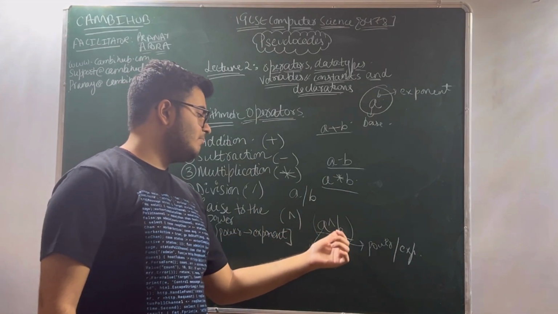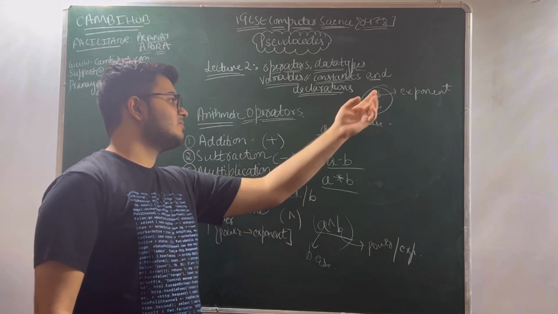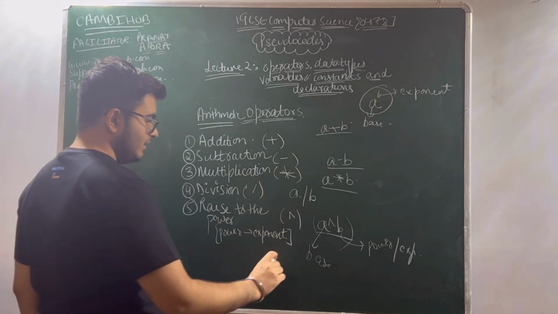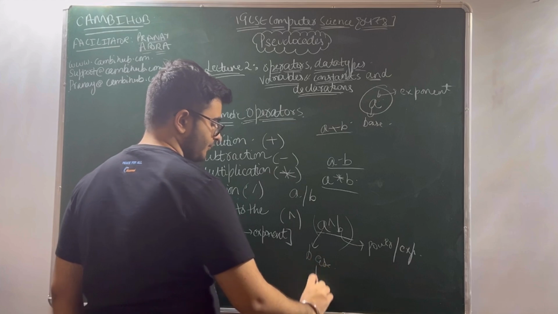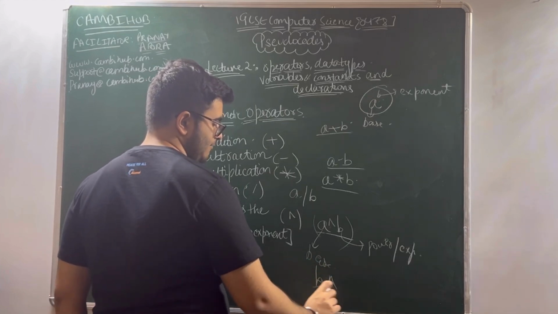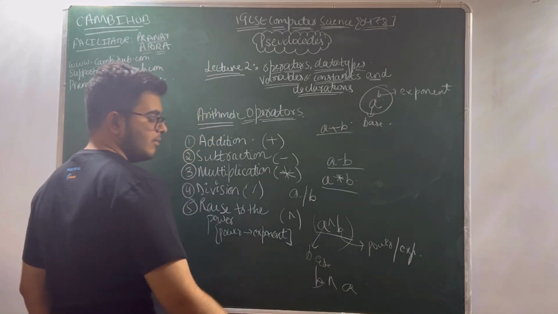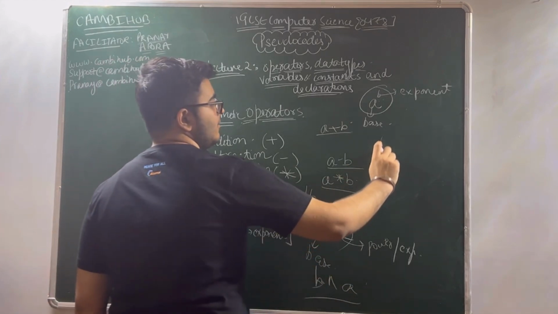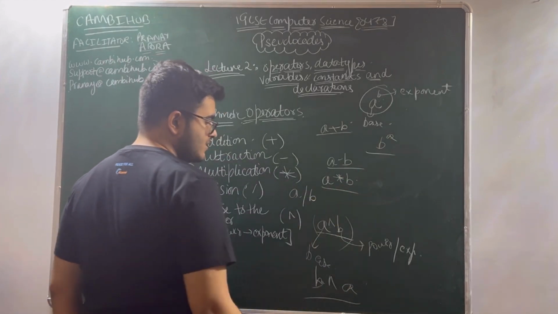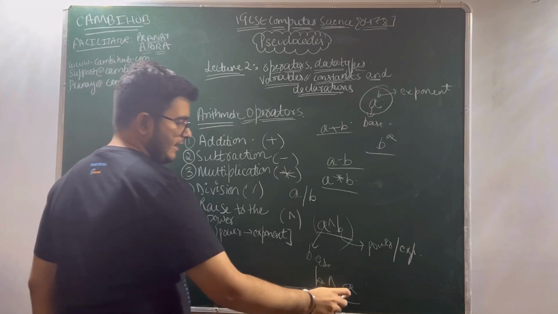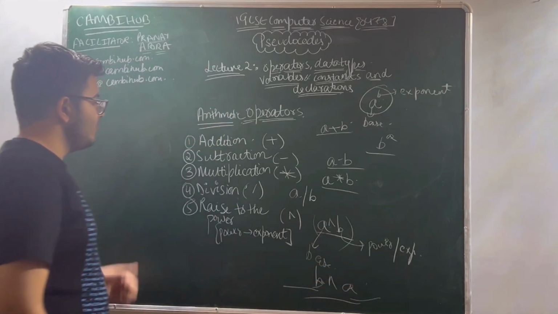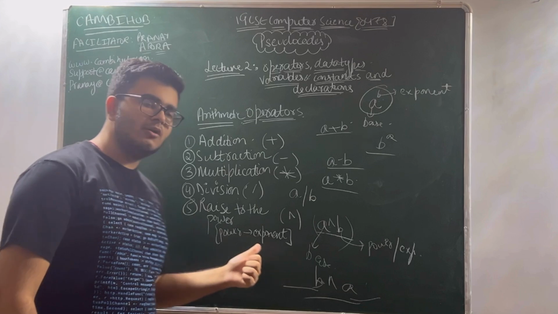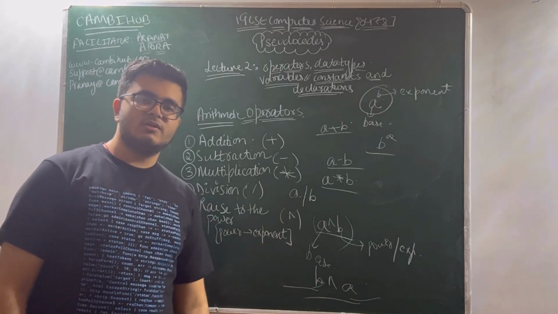So A hat B means A raised to the power B. Please make a note that A hat B is different than B hat A, because B hat A means B raised to the power A, since we have written base first and exponent afterwards. So please make sure. So these are the arithmetic operators. Let's move on to the logical operators.